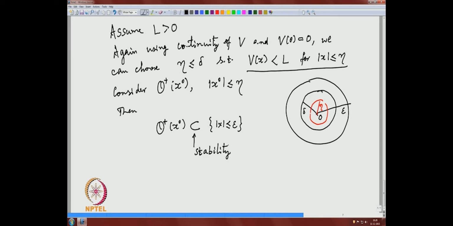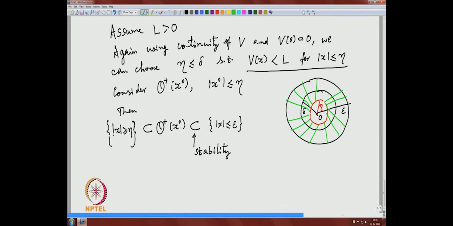And now, the second part. I want to show that the set of all x is bigger than or equal to eta. What I am claiming is the orbit lies in this green region, so it will not go to 0.